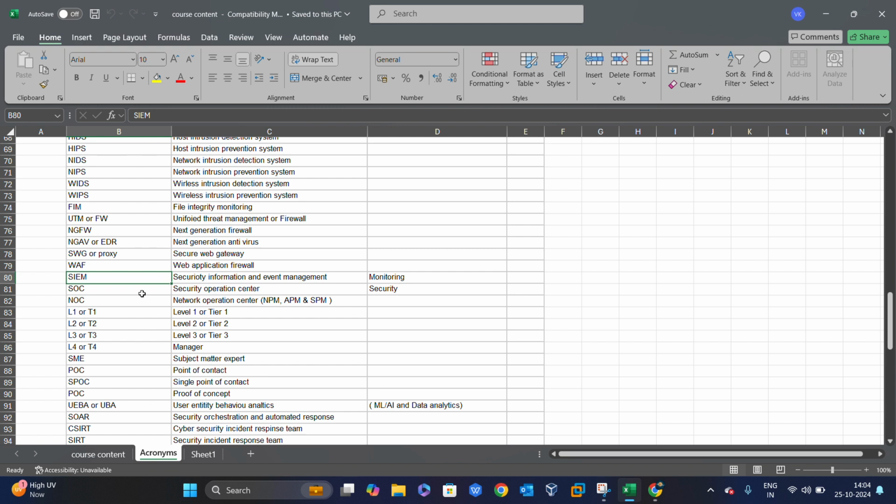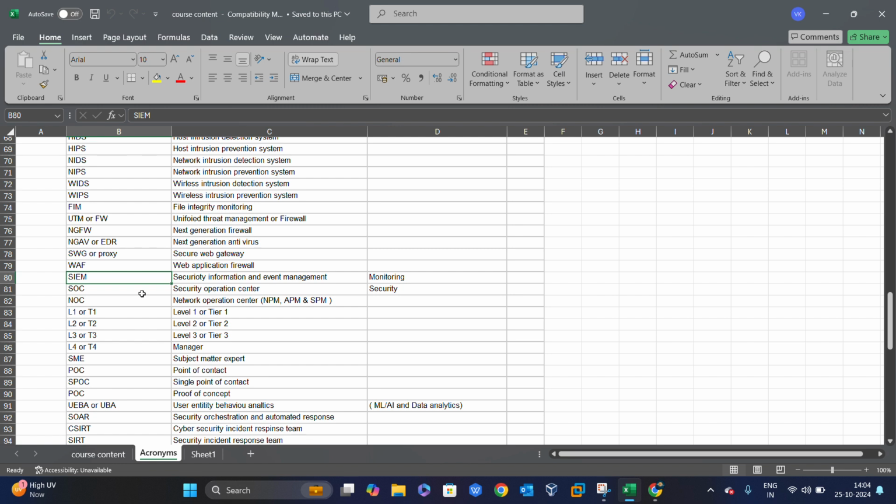In the same way, in a security operations center, like a command and control room, security people or cybersecurity analysts sit and monitor 24 by 7, 365 days, whether any security incidents are happening in our organization.